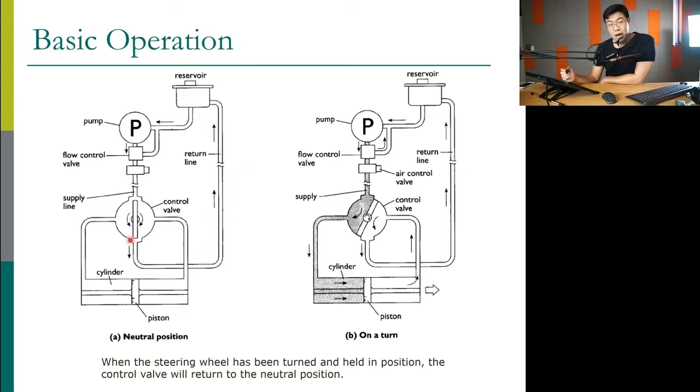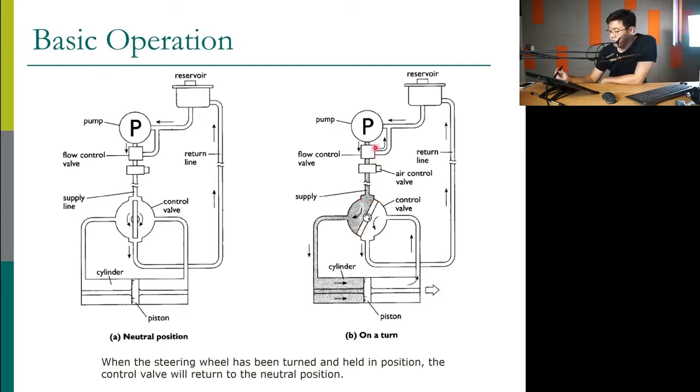Now if we turn the steering wheel, let's say we want to go right, the control valve will change, twist a little bit, and change position like this.